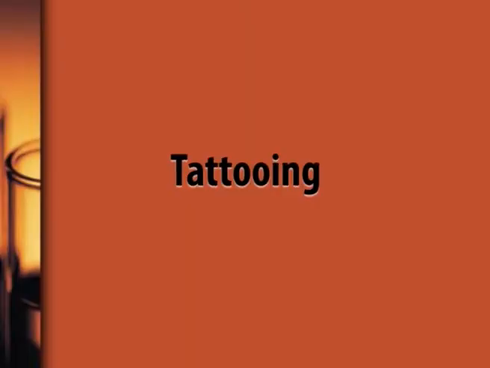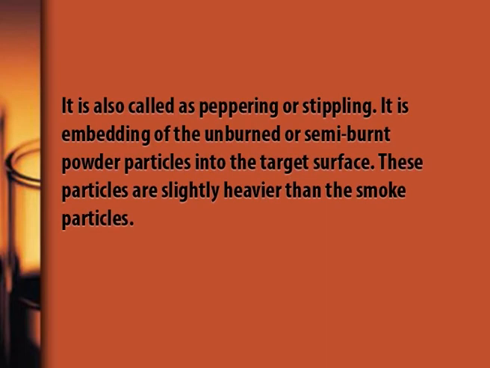Next, we will be talking about tattooing. It is also called peppering or stippling. It is the embedding of the unburned or semi-burnt powder particles into the target surface. These particles are slightly heavier than the smoke particles. They retain motion for a somewhat longer time than the smoke particles.